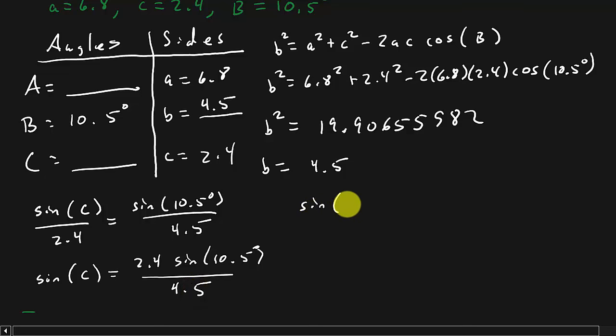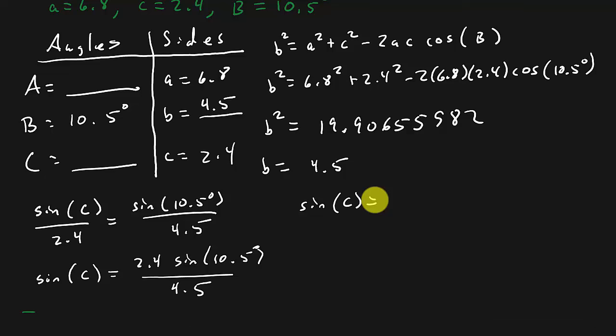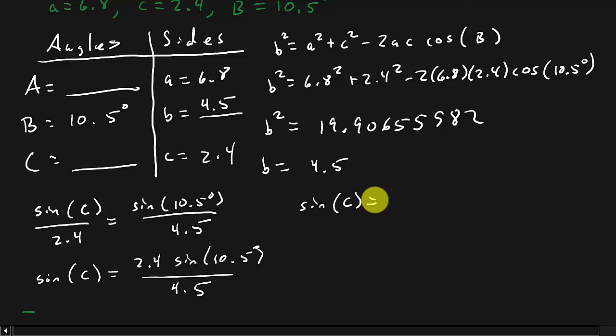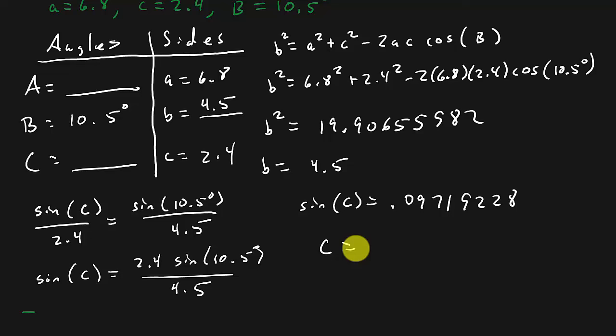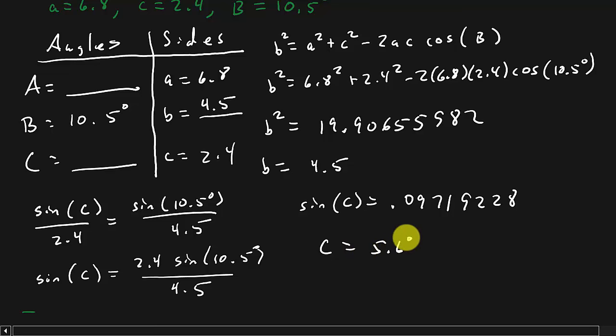So we'll have to punch this into our calculator. That's 2.4 times sine of 10.5, and then that's divided by 4.5. And that gives us 0.0971928. So C is the inverse sine of that number, which is, we'll call that 5.6 degrees.